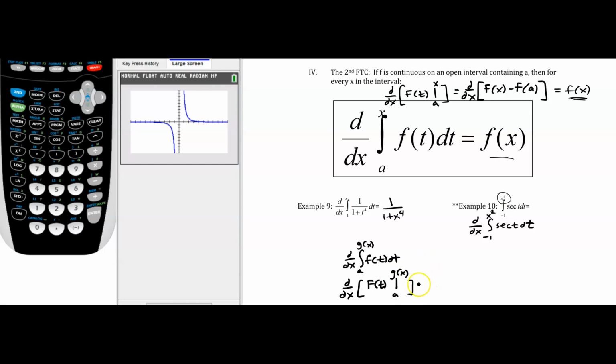And so this would lead me to doing the derivative of capital F of g of x minus capital F of a.